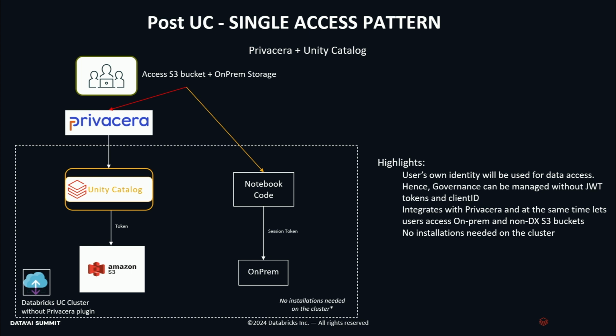So in this way, we get a single access pattern where accessing cloud as well as on-prem data becomes possible from the same cluster. So this is the beauty of Unity Catalog, and this is how it has helped us in reducing to a single access pattern for almost all our scenarios.